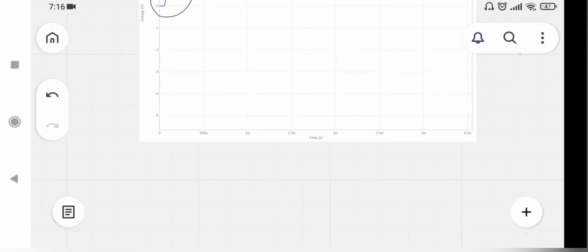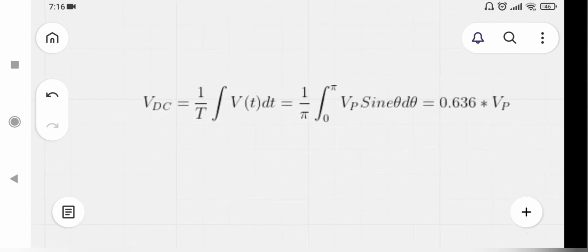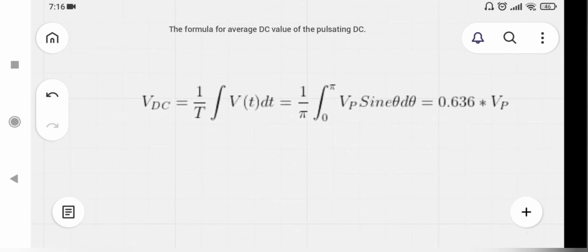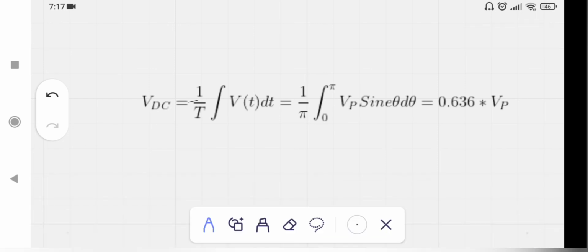Now, what is the average DC value of the pulses we get? With the help of this formula, we can get the average value of the pulses, or the area under the curve. As you know, the pulses appear almost after pi, so the time period is pi.